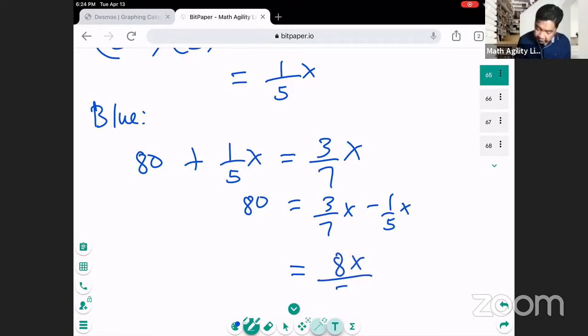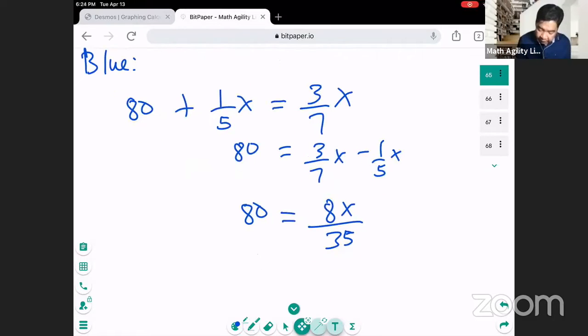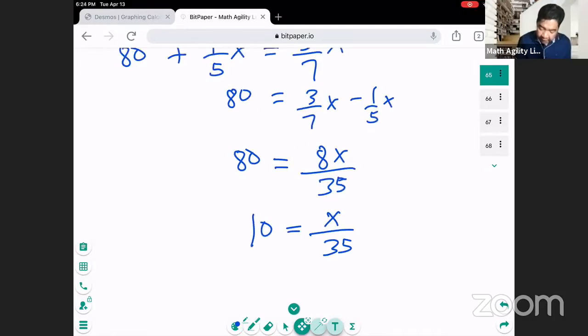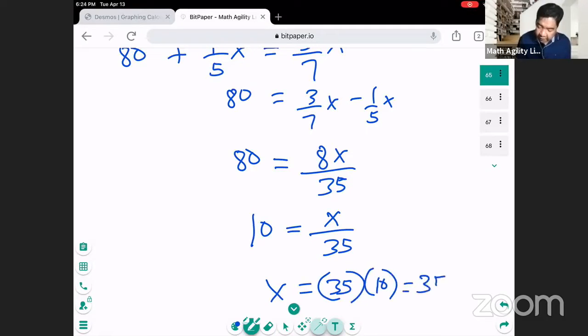Then we can combine these two, which would give us 8x over 35 equals 80. If we divide by 8 on both sides, this would be x over 35 equals 10. So x is equal to 35 times 10, which is 350.